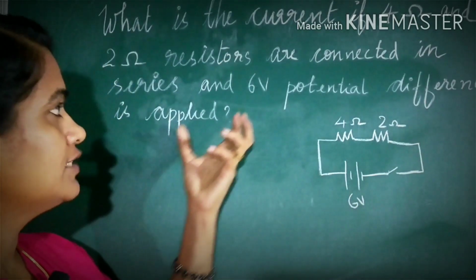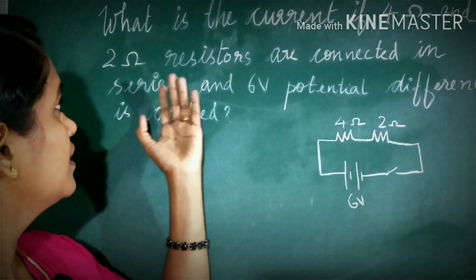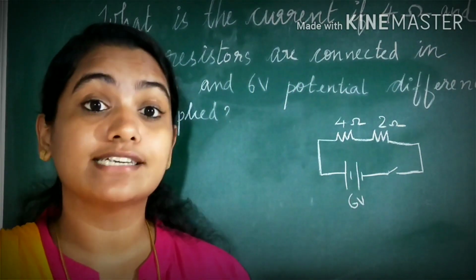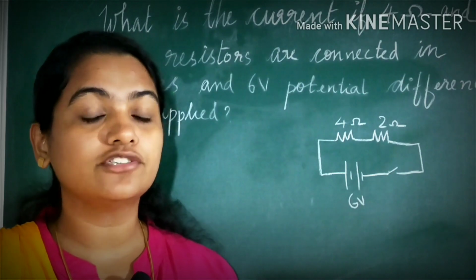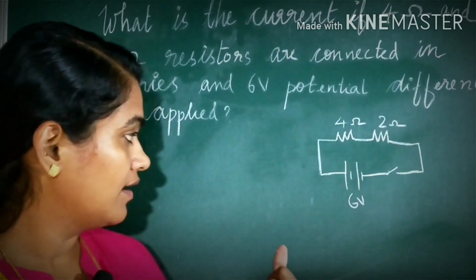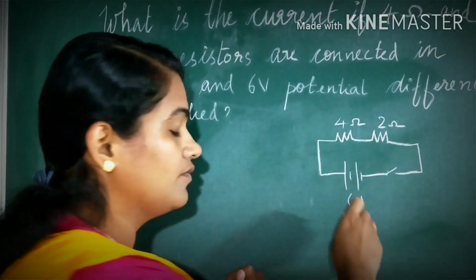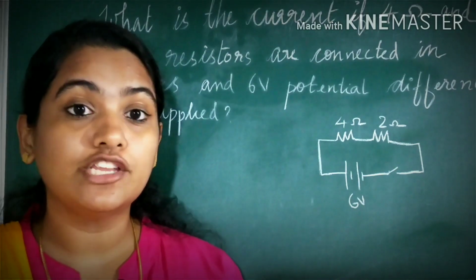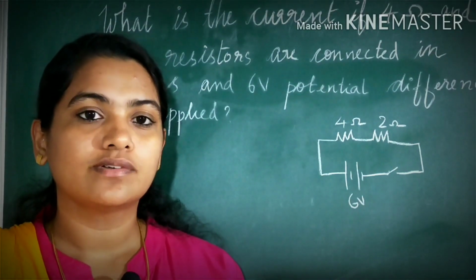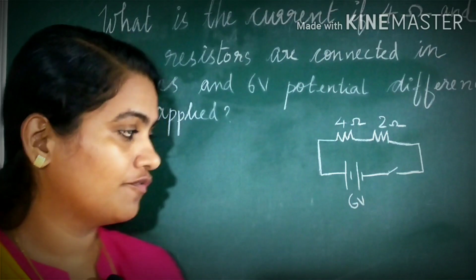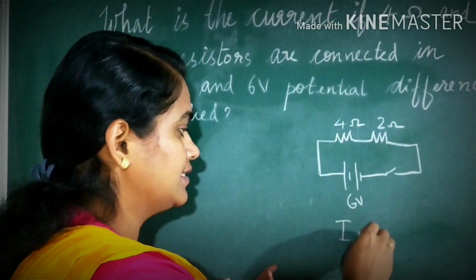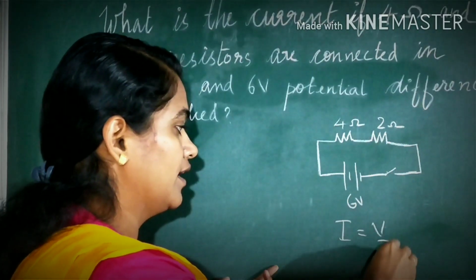What is to be found out? The current in the circuit. To find the current we'll use Ohm's law, that is I is equal to V by R.